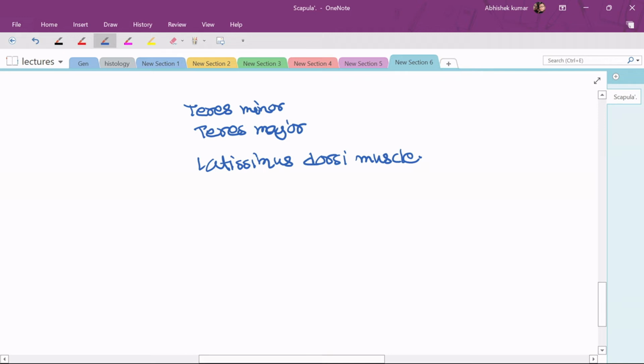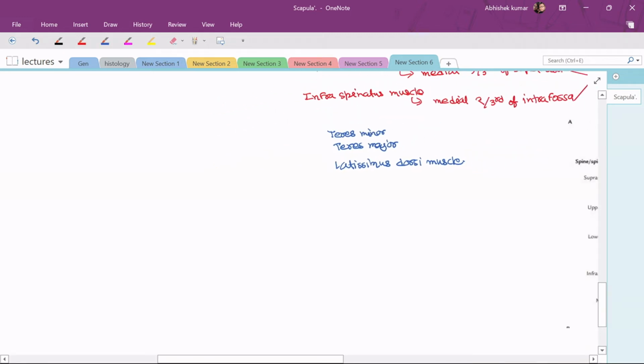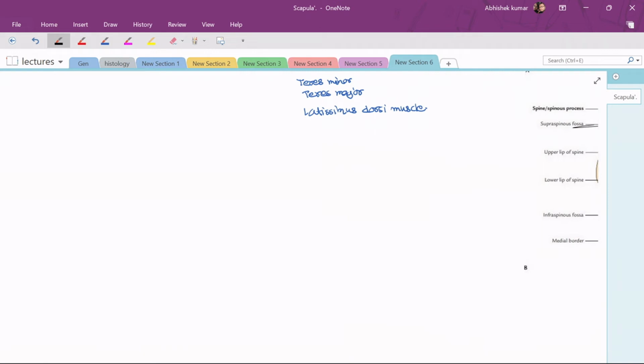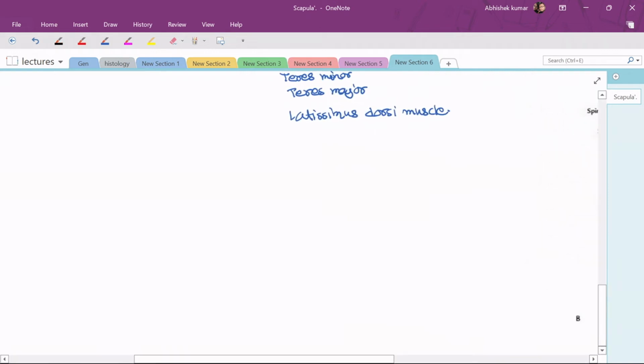Now, when we talk about the three borders of this triangular shaped bone, the scapula, there are three borders. One is your superior border. This is the shortest border.